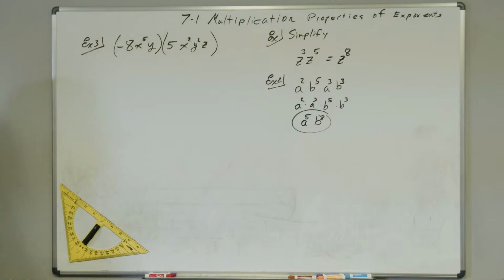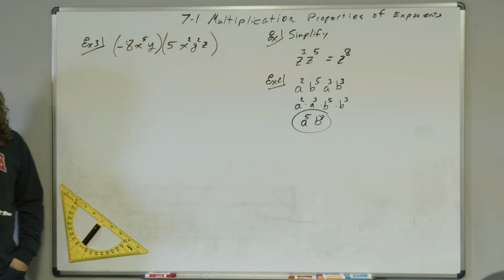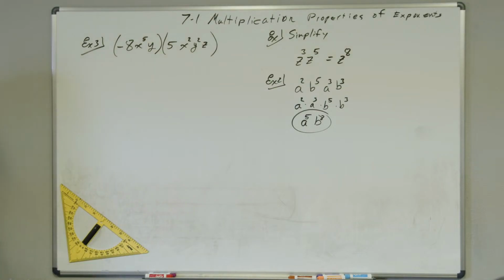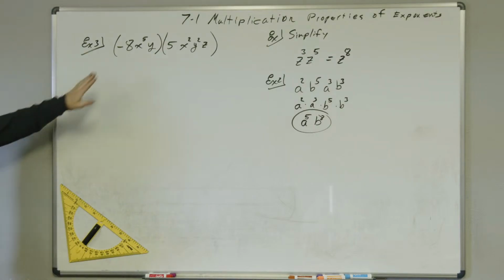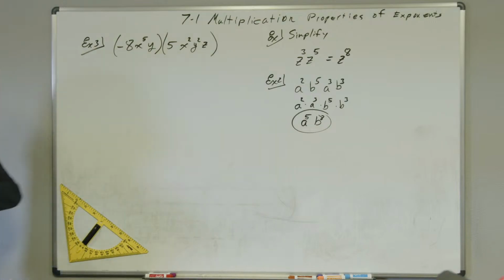Oh no. It looks hard, but the cool thing is it's not actually very hard. So, what do y'all think we're going to do? I think it's like bases are multiplied? It is. What are we going to do with those numbers on the front, those coefficients, the negative 8 and the 5? What's going to happen with those?